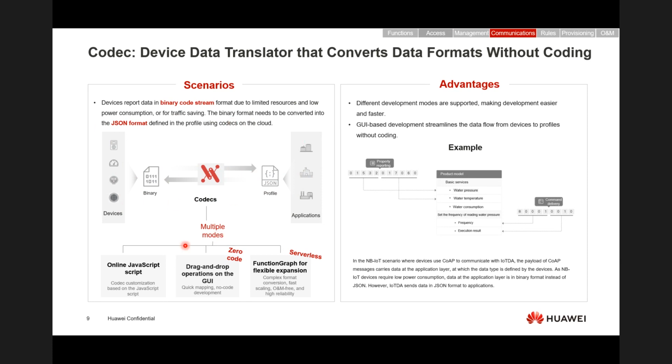We can have multiple ways to achieve the codecs: online JavaScript scripts, you can use JavaScript; also zero code, just drag and drop operations on the GUI; and also a serverless service on Huawei Cloud, FunctionGraph. You can use this to achieve the codecs.